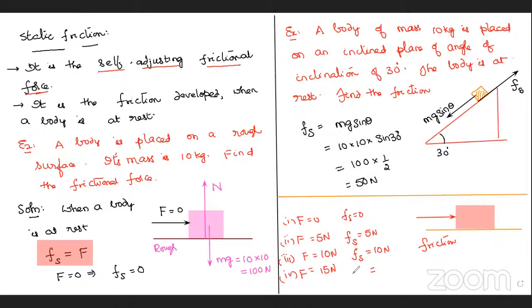Almost to come into motion means just if you apply 15.1 newtons. Okay, no problem. F equals 15.1 newtons, if you apply, then the body comes into motion, not at rest.